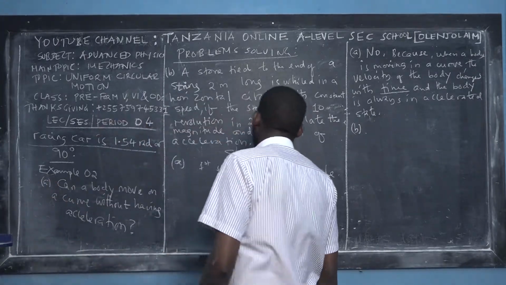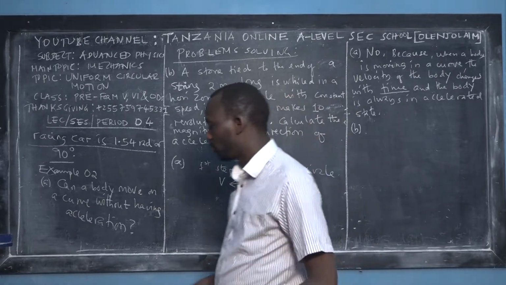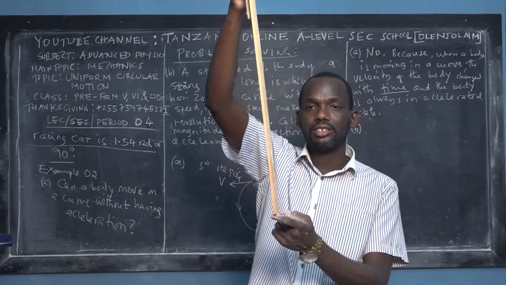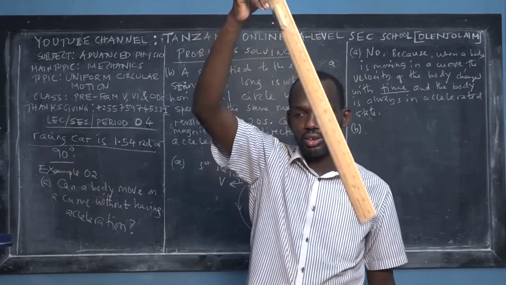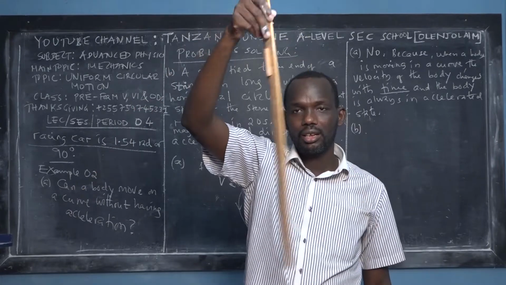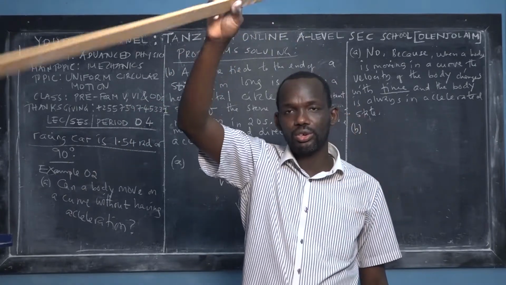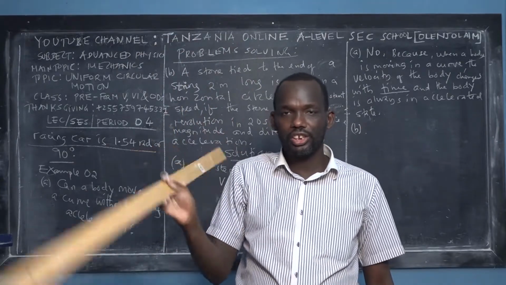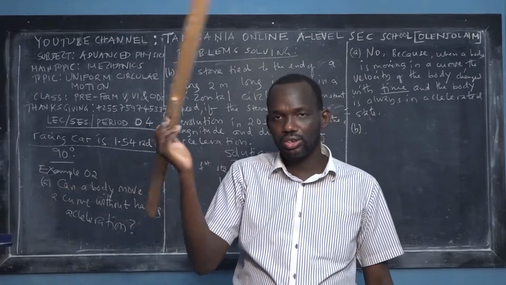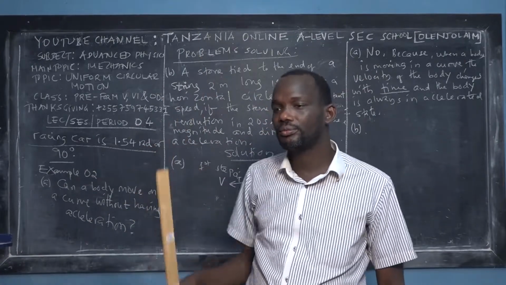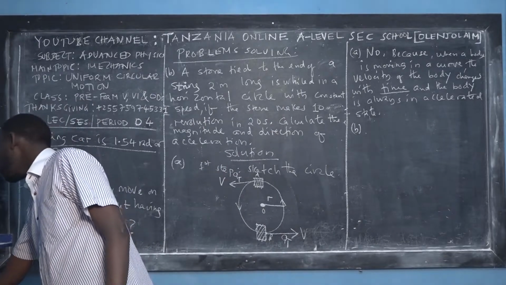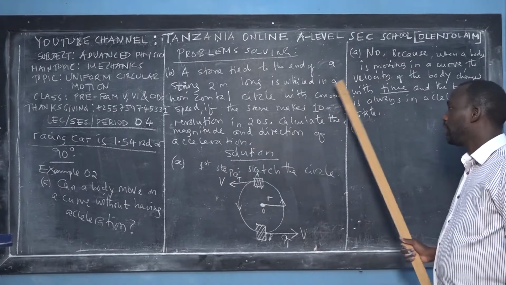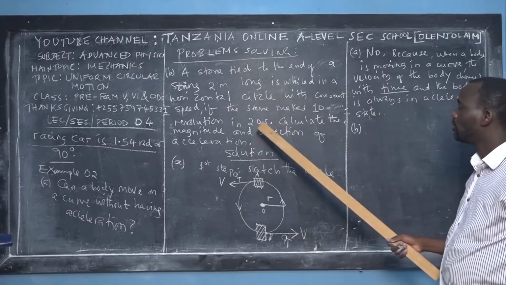Part B: a stone tied to the end of a string. Suppose that is the string, and we tie a stone at this end and cause it to move in a horizontal circular curve. This is what we call the horizontal circular curve; vertical would be the case where the string and stone rotate in the vertical plane. Similarly, the stone tied to the end of the string is rotating in a horizontal circle at constant speed.